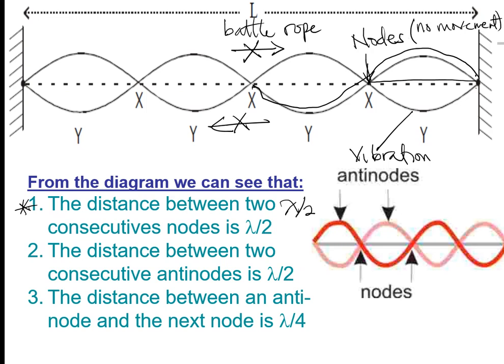So that is half the wavelength. The distance between an antinode and the next node is a quarter of wavelength. So the distance from here to here is a quarter of wavelength.